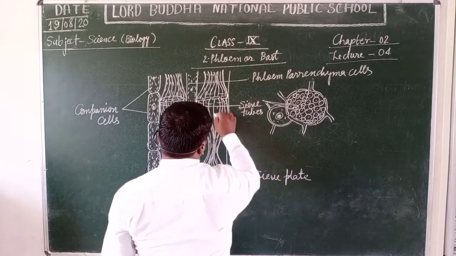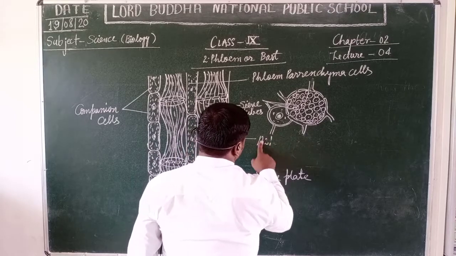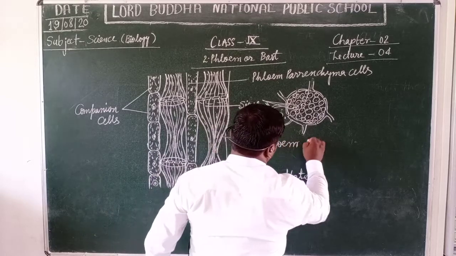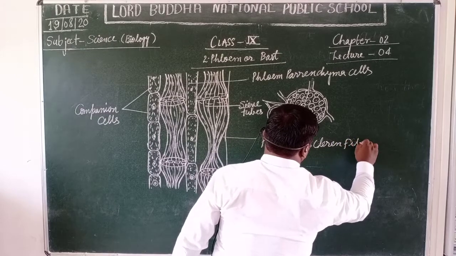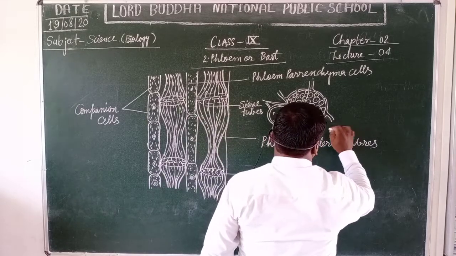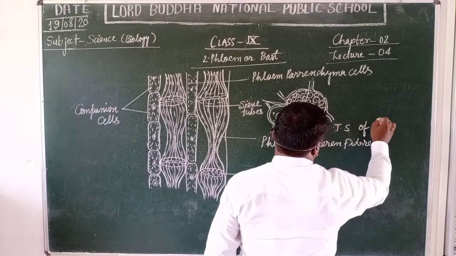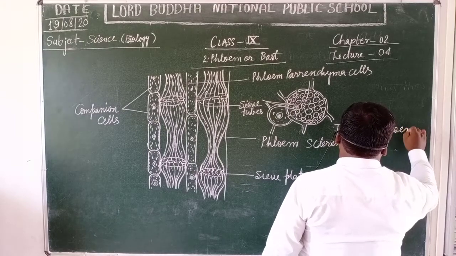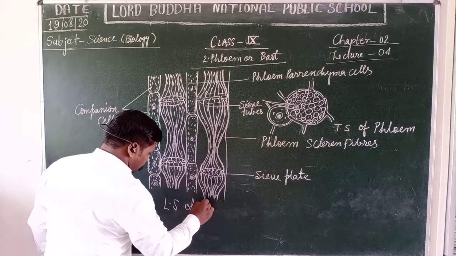And further, these dotted structures are known as phloem fibers or phloem sclerenchyma fibers. This is the TS of phloem, and this is the LS of a phloem.